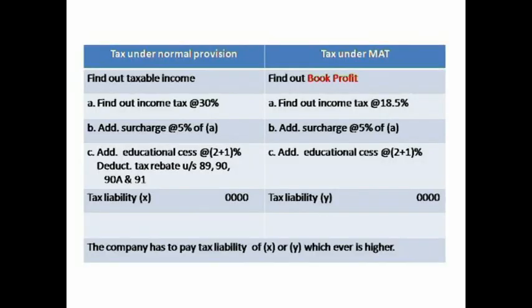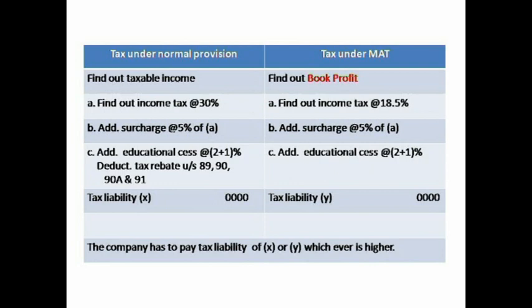After calculating the tax, you have to add the surcharge at the rate of 5% and then educational cess of 2 and 1, that is 3%, secondary education and higher education cess. And in case of tax liability under normal provision, you have to deduct the tax rebate under section 89, 90, 90A and 91. So, you will get the tax liability under normal provision.